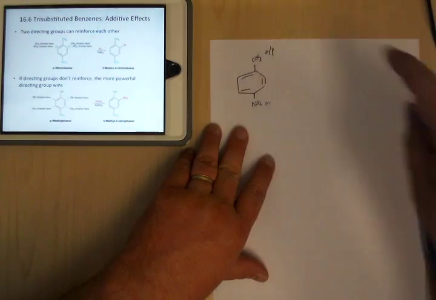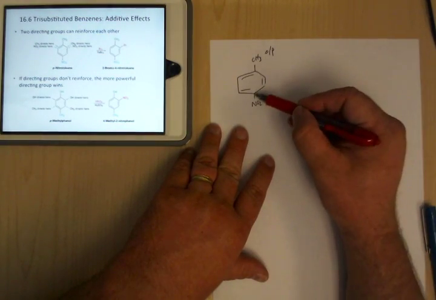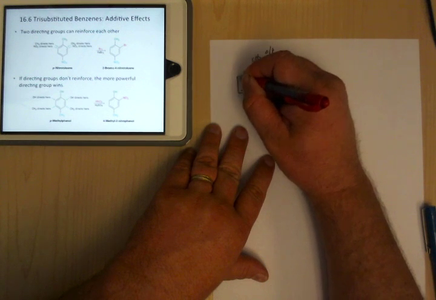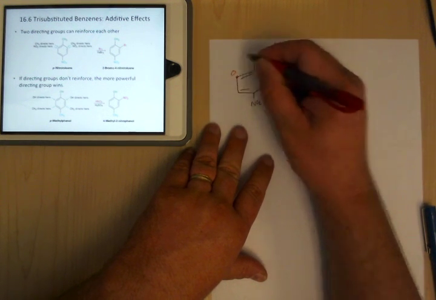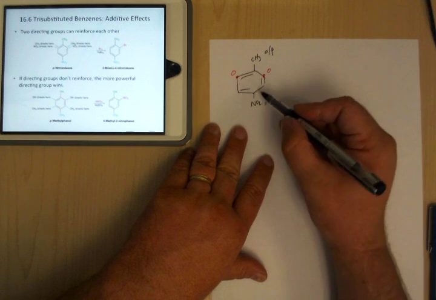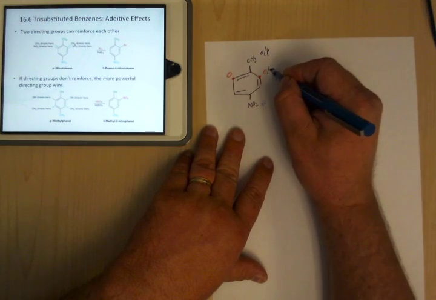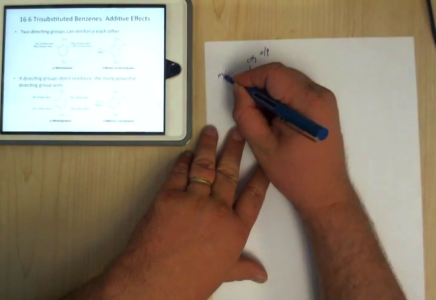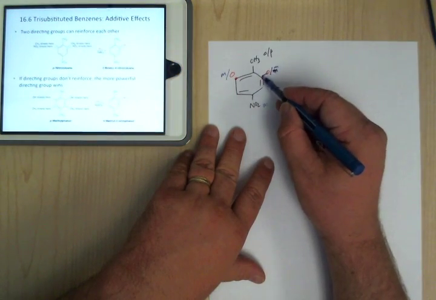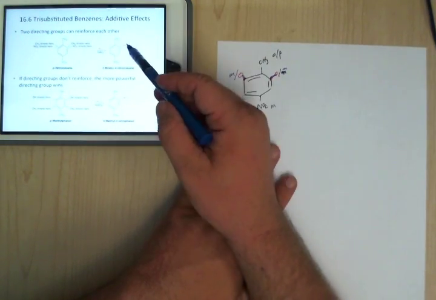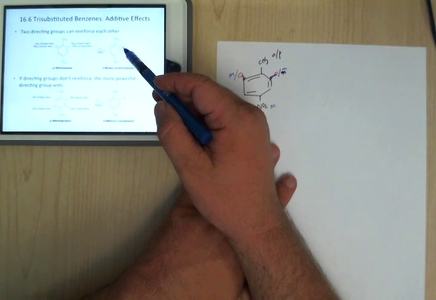Okay, so where's the ortho para? Well, para's here. So ortho. Well, what's meta to this? Well, meta. Ooh, let's do some blue. Meta, so you're going to definitely get stuff added here and here. They reinforce each other. Okay.